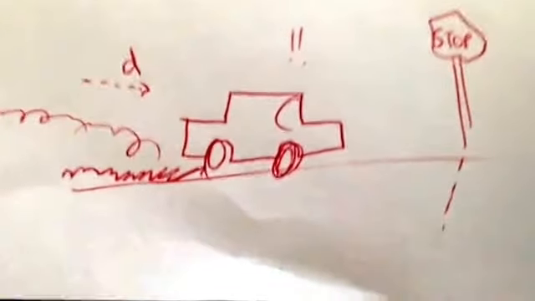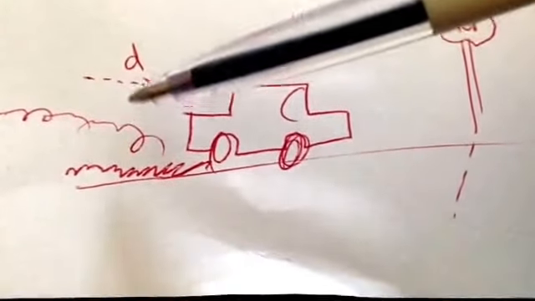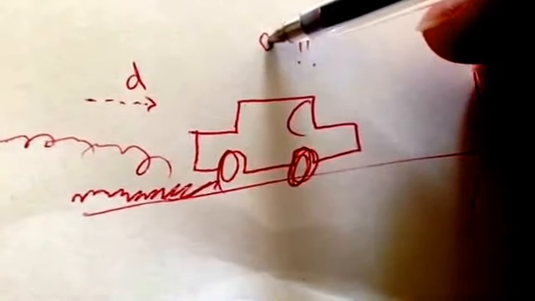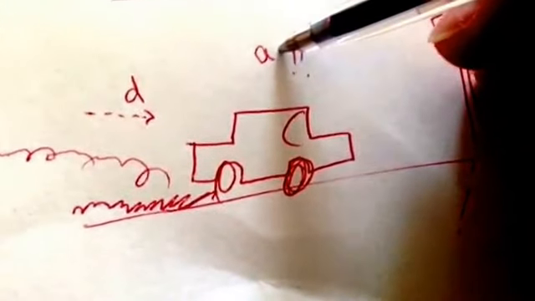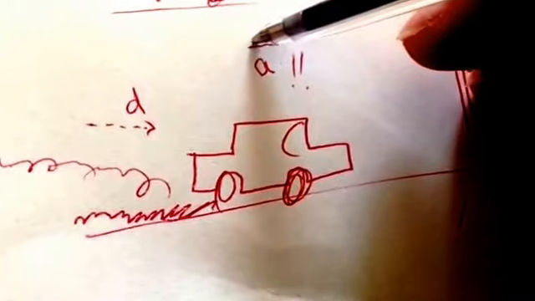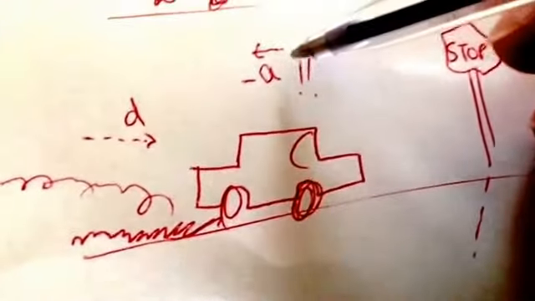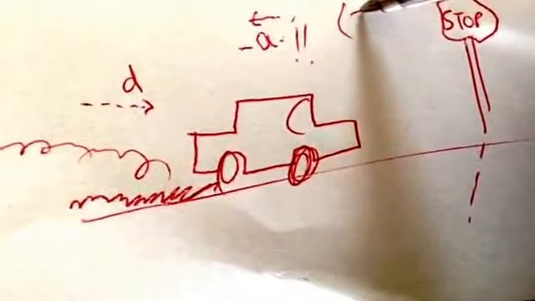Final example, the road exerts a friction force on a speeding car skidding to a stop. Now in this case, the car is skidding to a stop. So it's moving with a distance, but it's slowing down. The acceleration is negative, slowing down. If there's an acceleration, there must be a force.